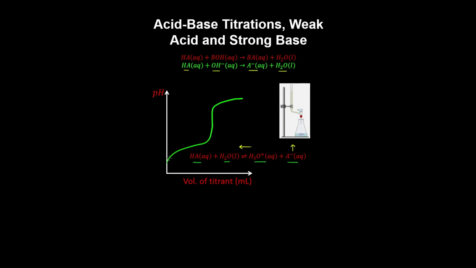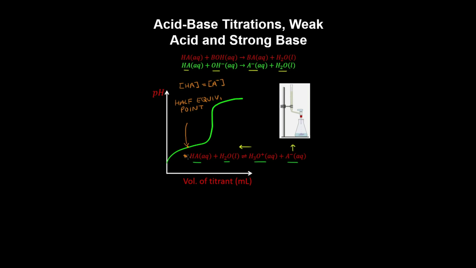And therefore we initially see the buffer causing a gradual increase in pH, and at this point, which is the half equivalence point, half of the acid is neutralized, and therefore there's an equal concentration of the acid and its conjugate base.